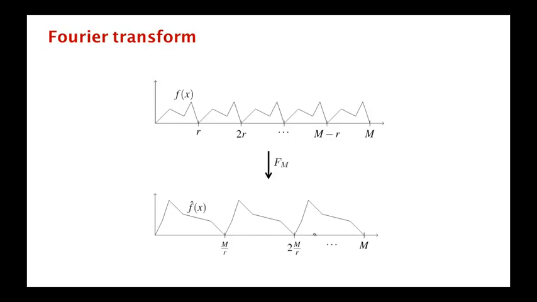Let's say that our input superposition was the summation of alpha sub j, where j goes from 0 to m minus 1. Now we apply the Fourier transform to this, and we get our output superposition, the summation over k equal to 0 to m minus 1 of beta sub k.